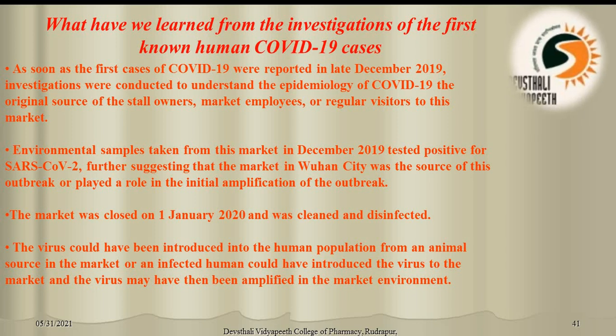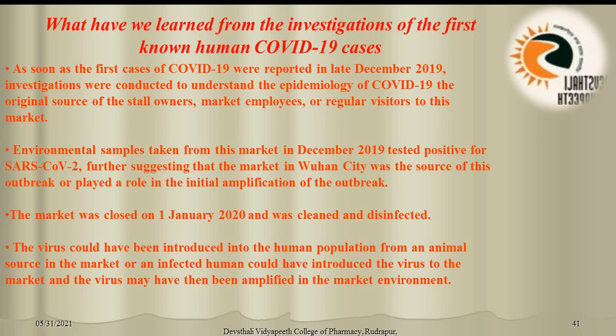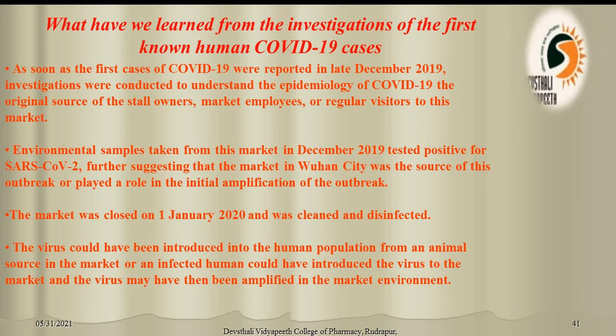Environmental samples were also taken from this market in December 2019 and tested positive for SARS-CoV-2. Therefore, it suggested that the market in Wuhan city was the source of this outbreak, and that it played a very important role in the initial amplification of the outbreak.